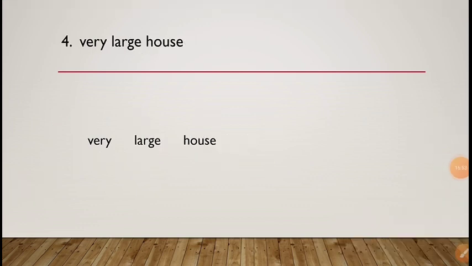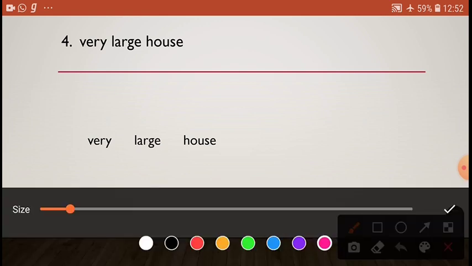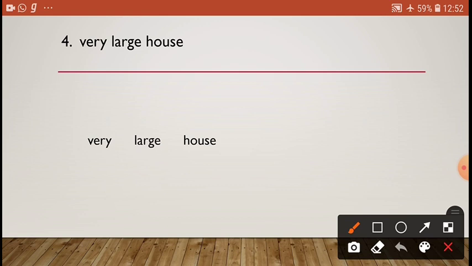Let's come to the next phrase, very large house. Which is the main word in this phrase? The head word? Yes, it is house. We are talking about house here. So, house is the head word. So, put H there. The word house functions as head.